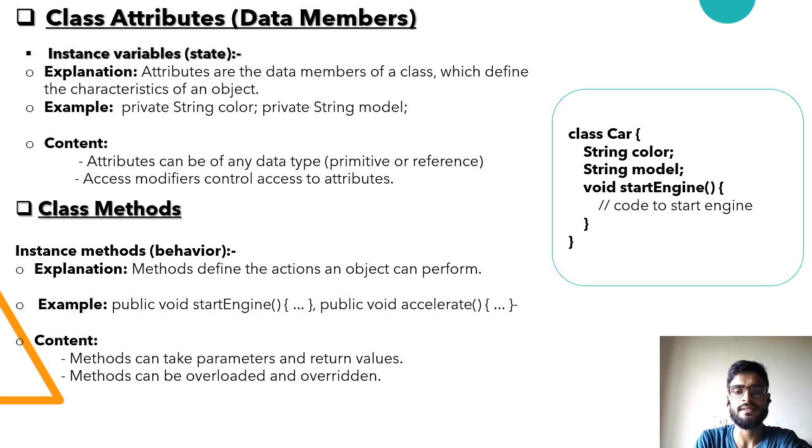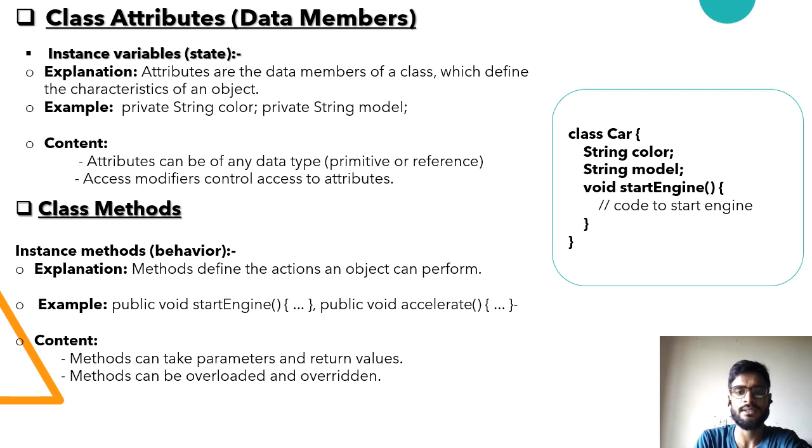Example, look at private String color, private String model. So attributes basically define how an object has been colored or modeled. Attributes can be of any data type, either primitive or reference. Access modifiers control access to attributes.